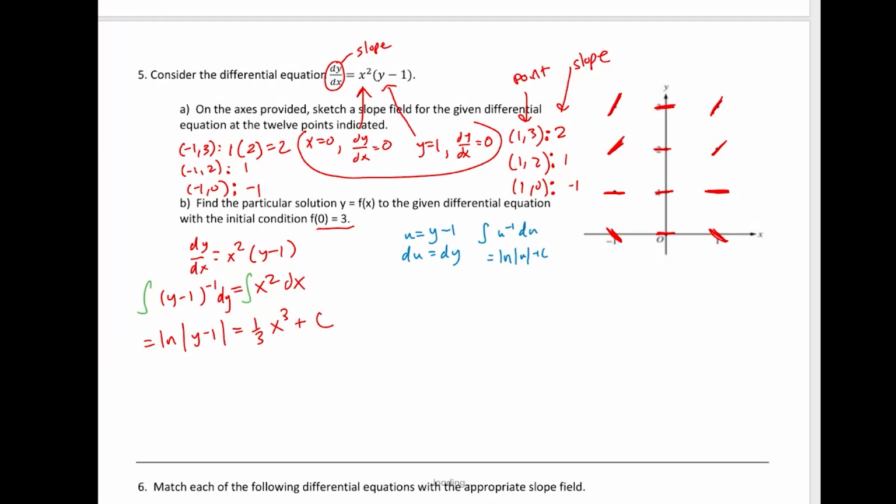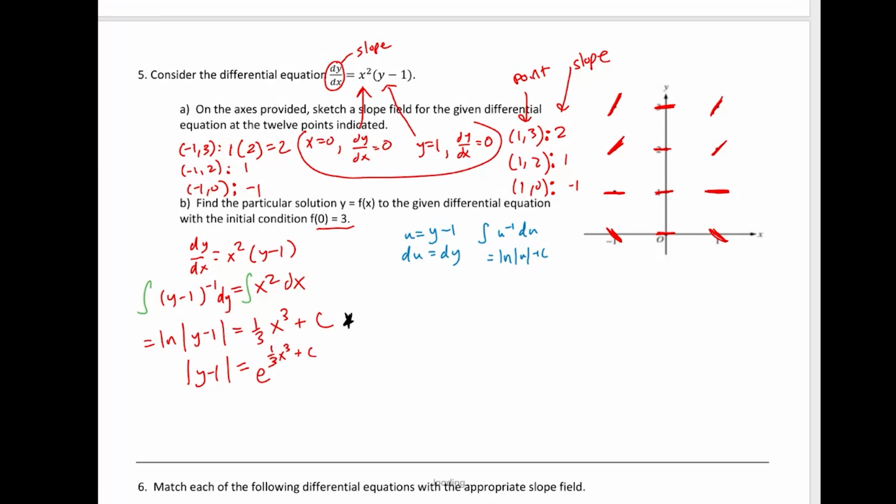All right, so we need to raise both sides to the power e. And this is probably going to be the one that we want to use to actually solve for c when we're ready to come back to that, because everything else I do not think is going to affect that c individually. So raising both sides to the power of e, we get absolute value of y minus 1 equals e to the 1/3 x cubed plus c.